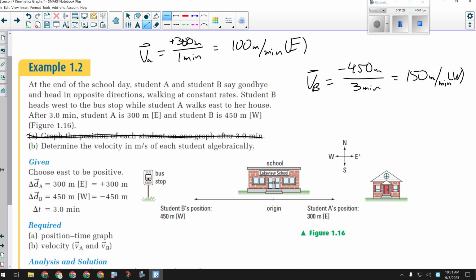Do you understand the difference between speed, which is what they're telling me about? This person went 900 meters, that person only went 600 meters, that person's faster. That's absolutely right. That 900 meter person, this guy here who went out and back, he was faster. I didn't ask who was faster. I asked who had the greater velocity.